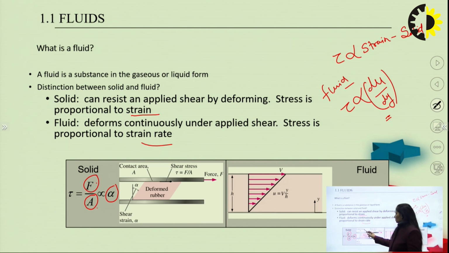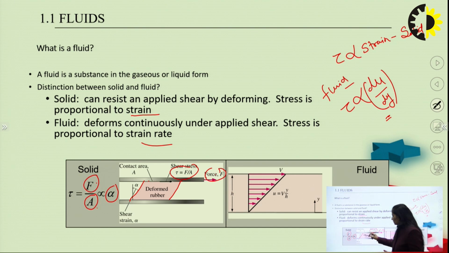Okay, so this is, you can say, an example. Two plates, on one of which force is applied, and the shear stress developed will be force divided by A. This is an example of rubber.